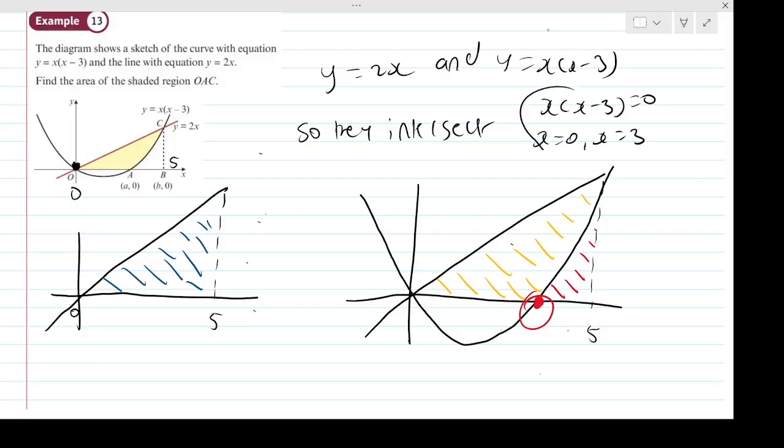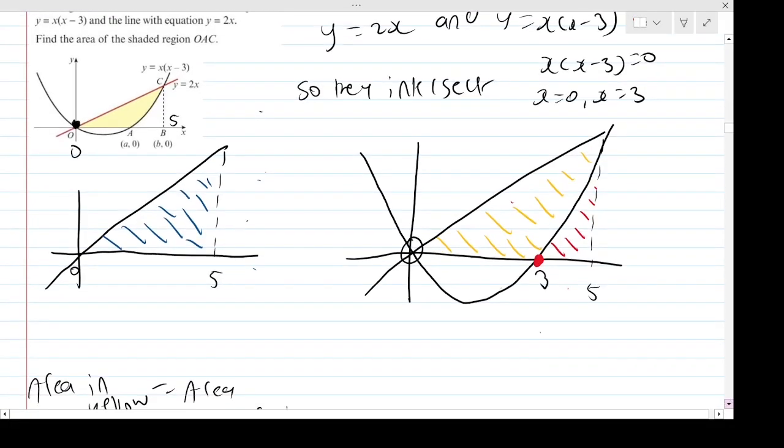So the root 3 corresponds to this point here, where the curve crosses the x-axis. So this red area is the area under the curve between 3 and 5.